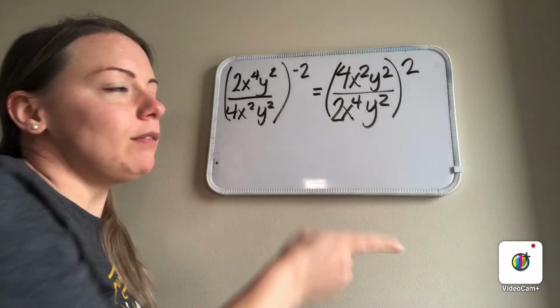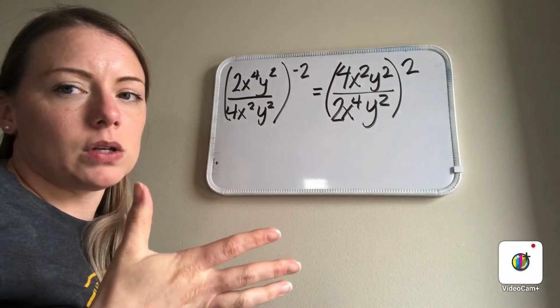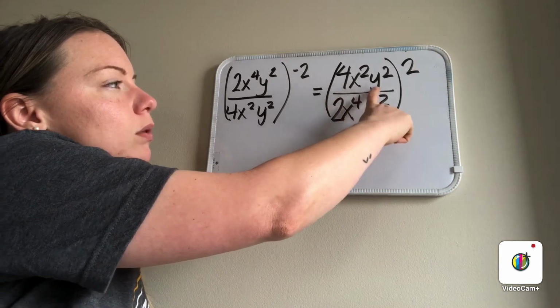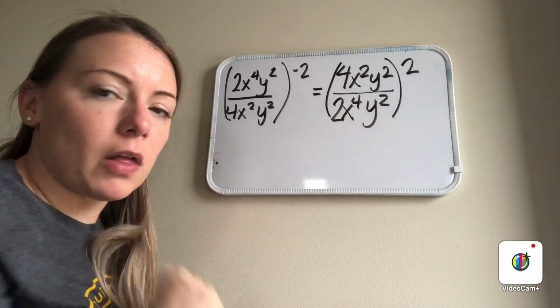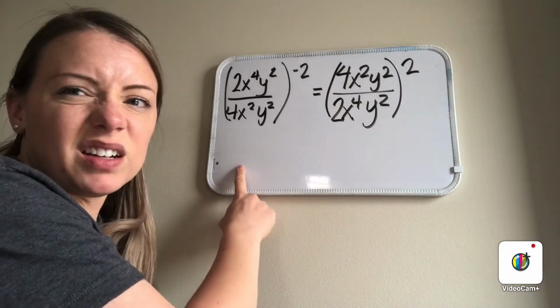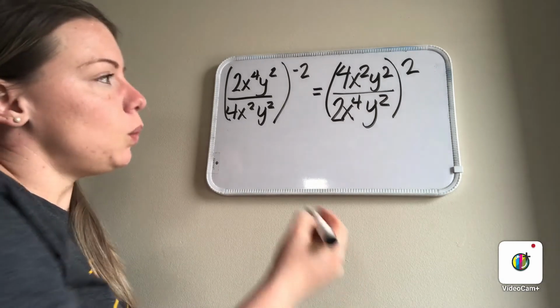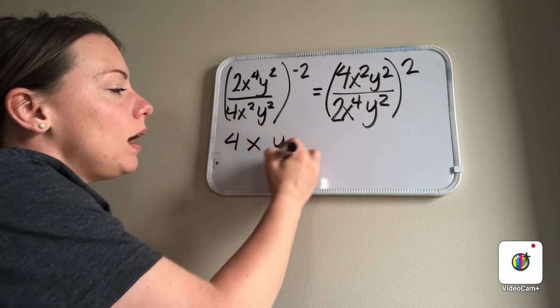So to start, we have to figure out how many bases we have. So just look at the numerator. Don't worry about the denominator quite yet. In the numerator, I have 1, 2, 3. And then we're going to go ahead and follow our rule. I need to come down here because I'm going to run out of room. So what I would have is 4, x, and y.